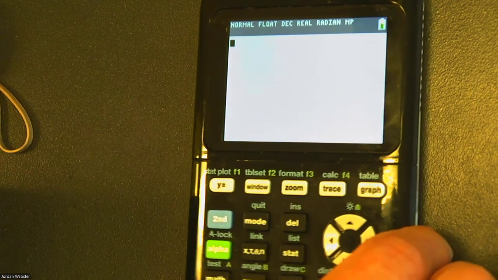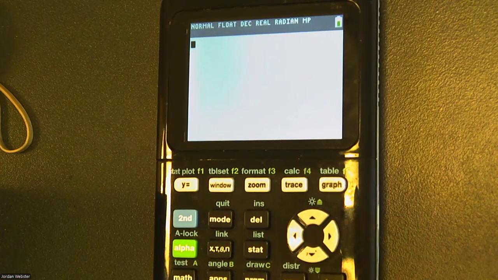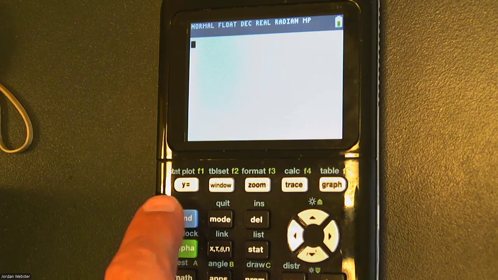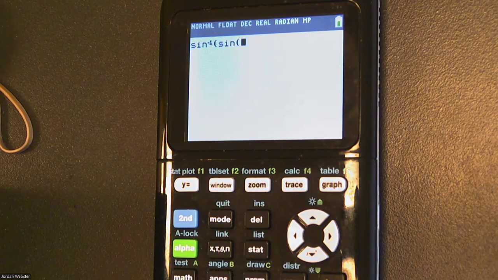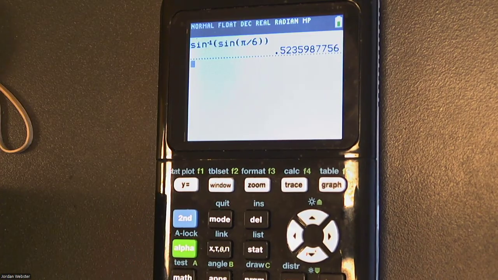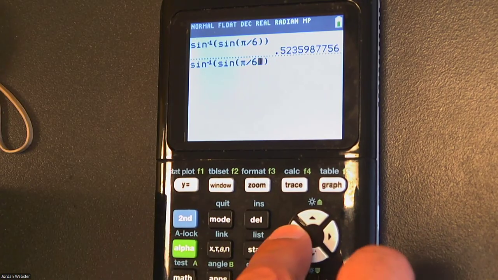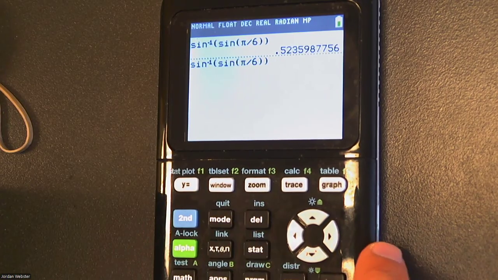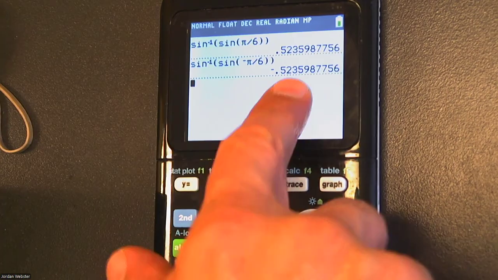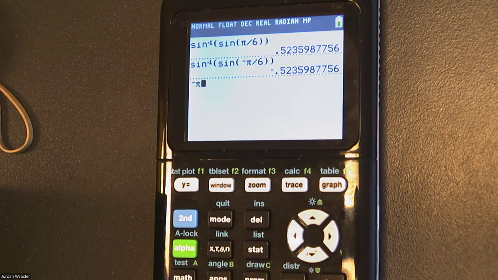Well, let's start with the negative pi over 6 one. If we did inverse sine of sine of negative pi over 6, notice I'm in radians mode on the calculator. I have to put a negative in there. I get negative pi over 6, the decimal version of negative pi over 6.